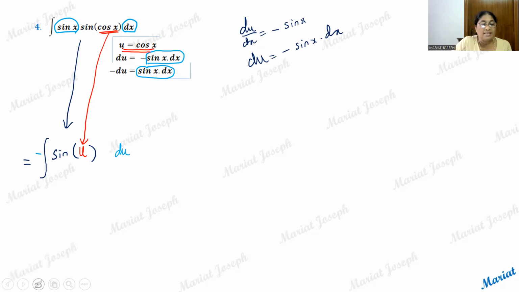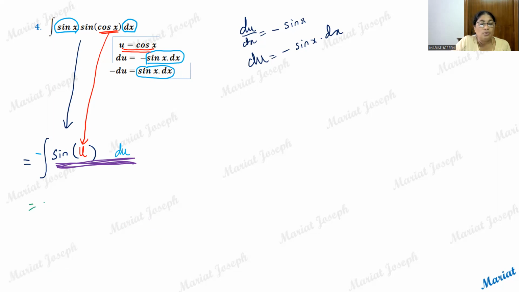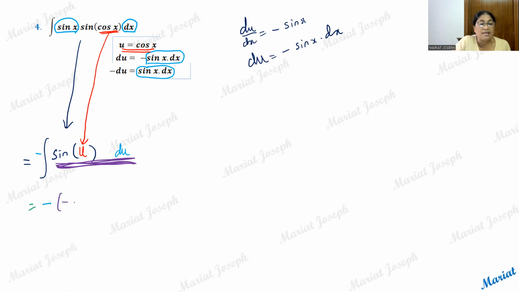Now tell me, what is the integral of sin u du? Integral of sin u is minus cos u. Therefore, it is equal to: the minus was already there, and now as the integration comes, minus cos u once more, plus c.